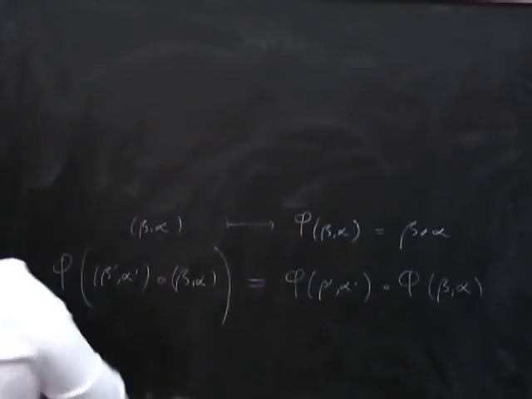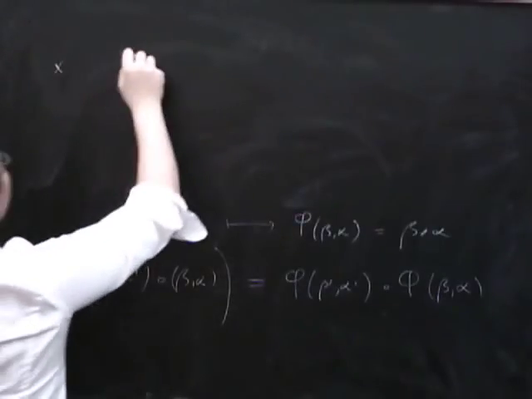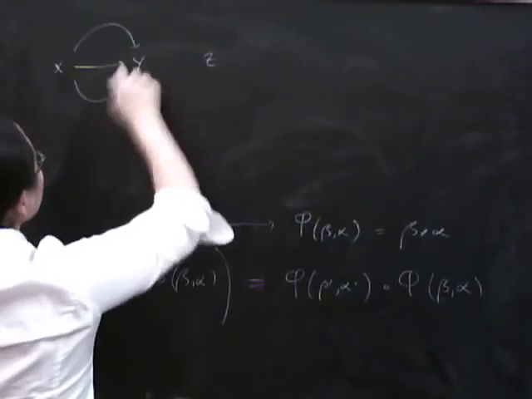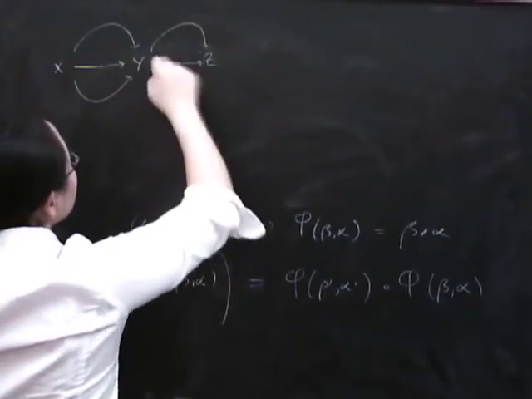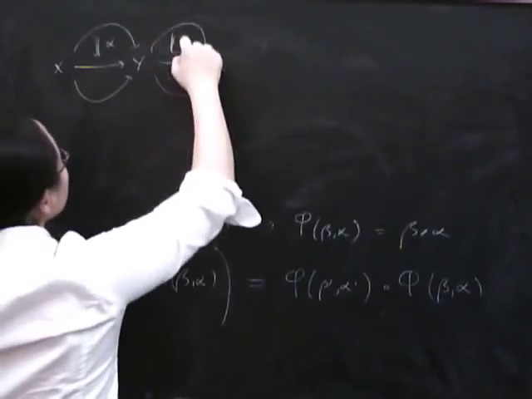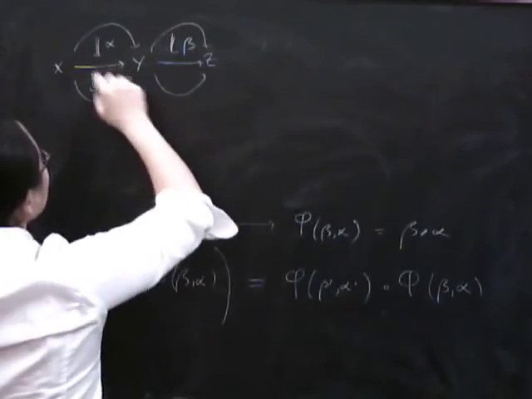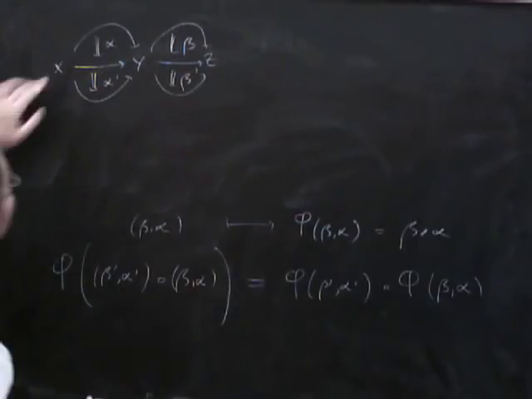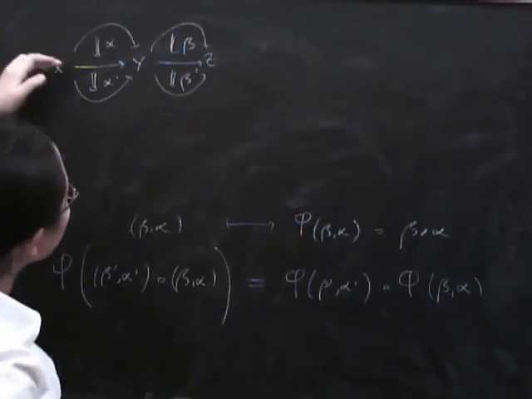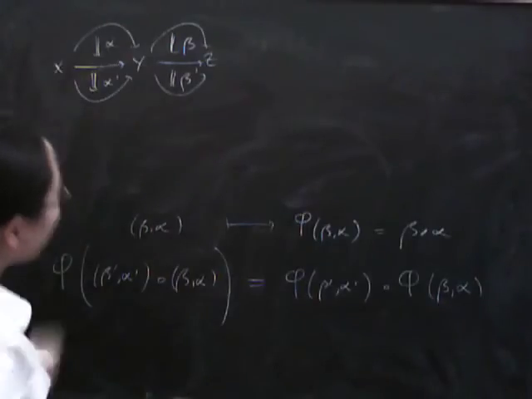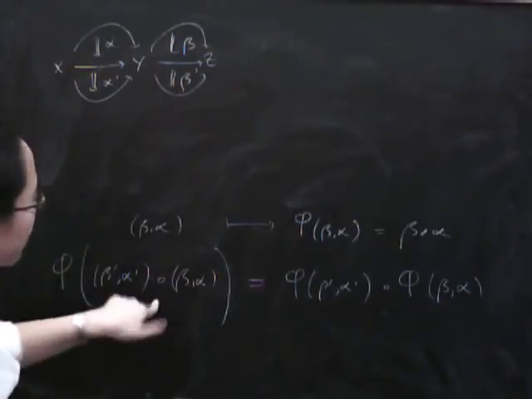I'm going to write it the helpful way around. We've got three objects, x, y, and z. And we're going to have, first of all, our pair alpha beta here, and then we've got our pair alpha primed and beta primed. And so their composability in the product category means that alpha primed and alpha are composable, and beta primed and beta are composable.